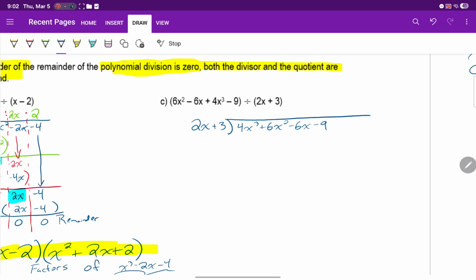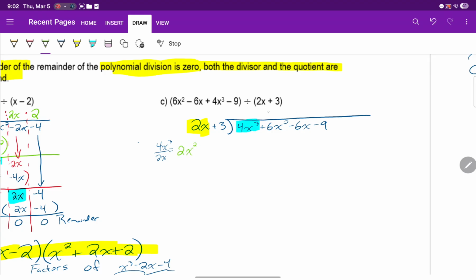So what am I going to do? I'm going to see how many times 2x goes into 4x cubed. So 4x cubed divided by 2x. When I do that, I get, and I'm going to line this up a little different here, 2x squared.